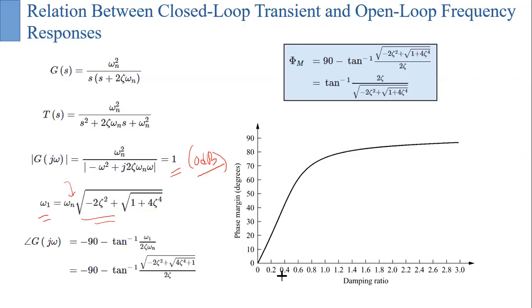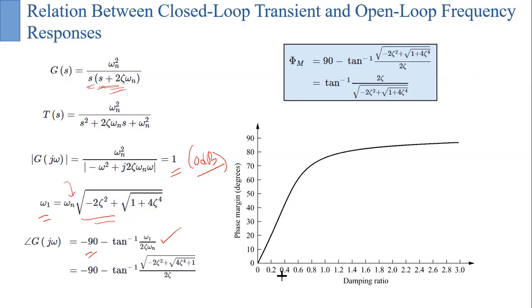So phase is minus 90 degree because you have an s in the denominator. If you bring it to the numerator, you will see that there is a pole and a zero. So there is one pole at the origin, and the pole at the origin contributes minus 90 degree. And this one is contributing omega 1 by twice zeta omega n.